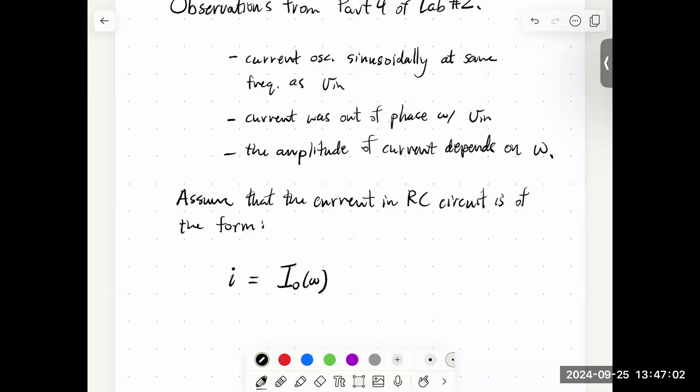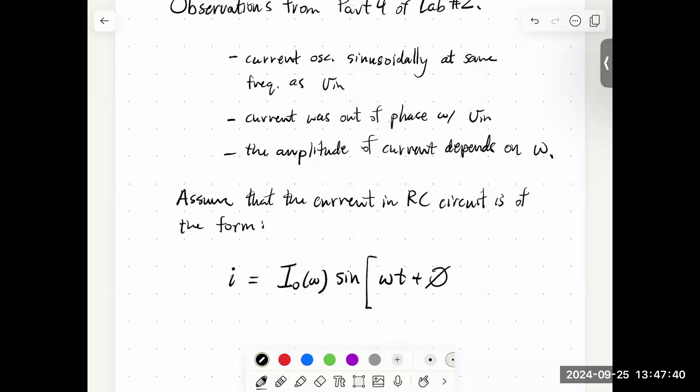We said that the current is going to oscillate sinusoidally, so there'll be a sine function. It has the same frequency as Vn. So if Vn is at angular frequency omega, then so is the current. And then the last thing is that the current was out of phase with the input voltage, so I have to put in a phase factor.